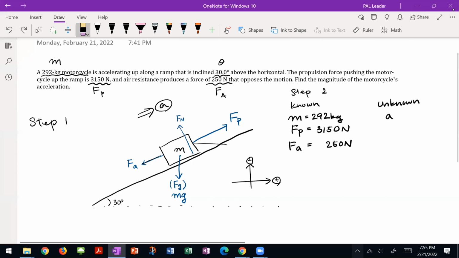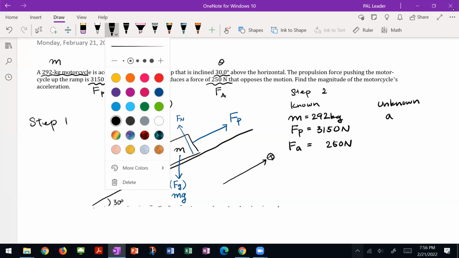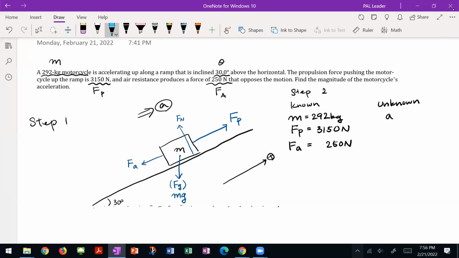So what am I going to do? I am actually going to set our positives as this. I'm going to say that this angle is going to be positive. Now, if I do that, the only force vector that I have to divide into its x and y components would be the weight, mg.